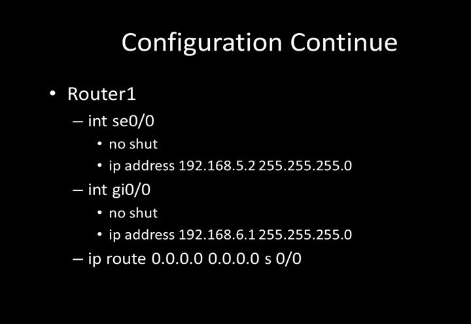And then we assigned the IP address 192.168.5.2, and then we assigned a subnet of 255.255.255.0, and then for the interface GI0/0, we did a no shut and assigned an IP address of 192.168.6.1, and then gave it a subnet of 255.255.255.0.